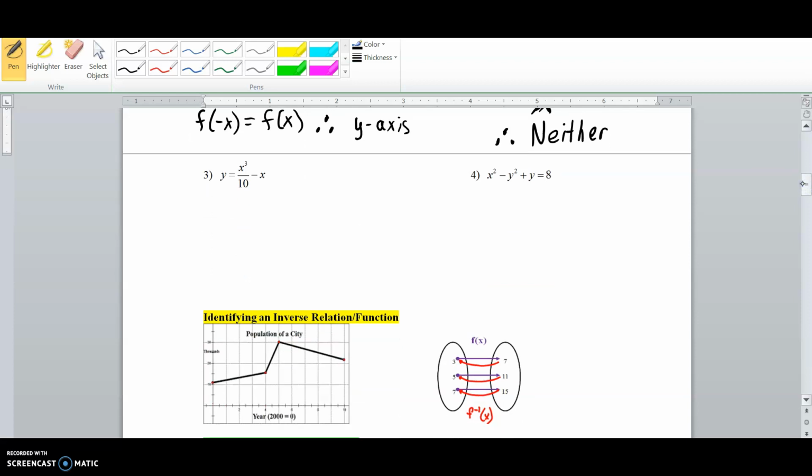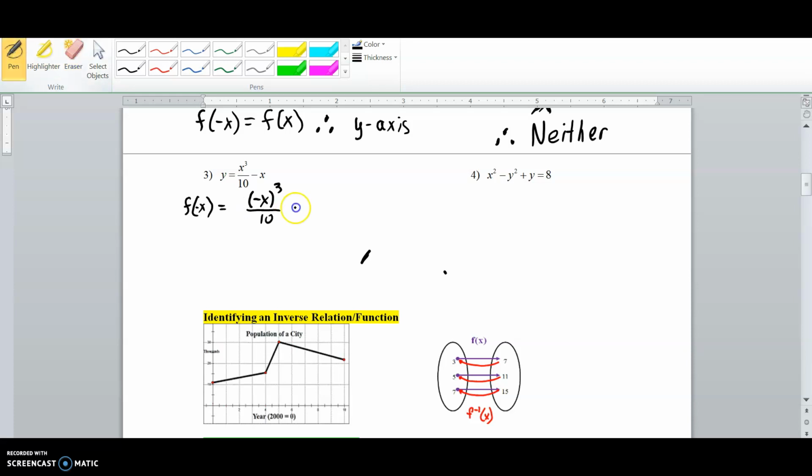Okay, real quick. Number 3, we'll go back and we'll try f of x. We'll write it this way. You know what? I'm gonna get rid of these parentheses. At this point, kind of unnecessary.